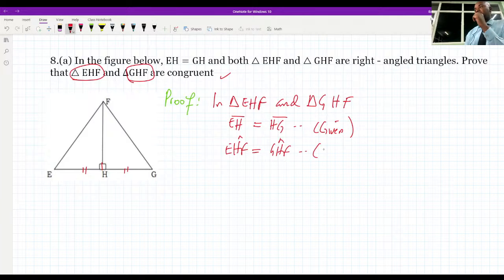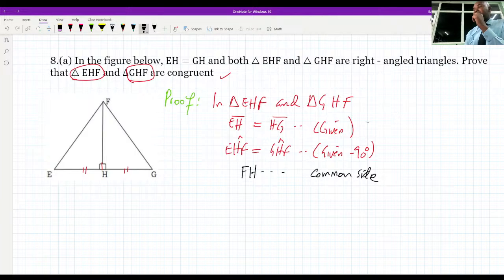So this is actually given. That is 90 degrees, dear students and dear viewers. And then you have seen that FH is common side. FH, it is common side.